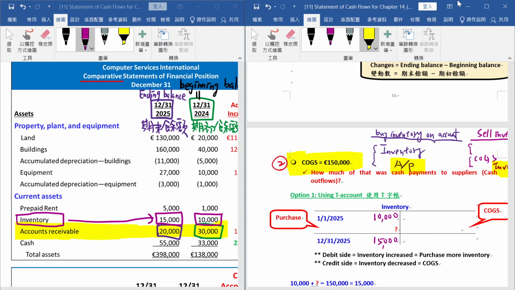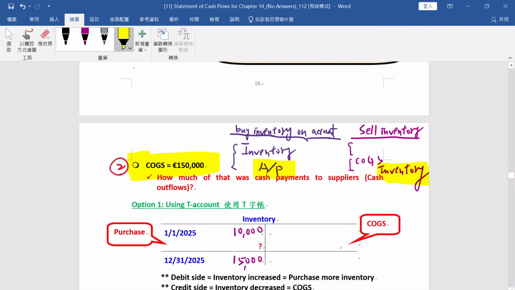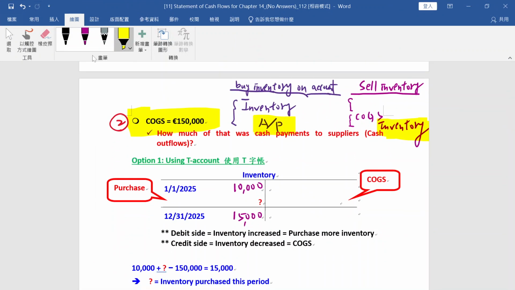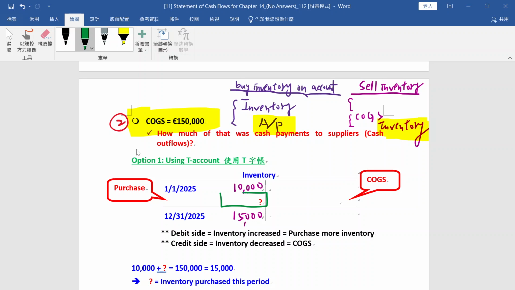Okay. So for inventory, I found the beginning and ending balance. Then you can do your math. You should understand what it means. So what does it mean when your inventory increases? Do you know what's the reason?